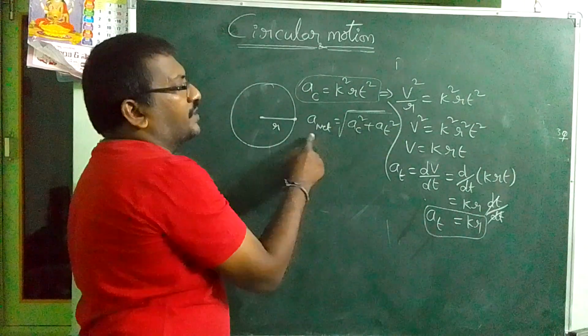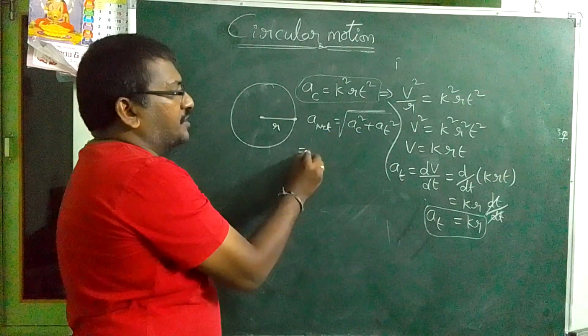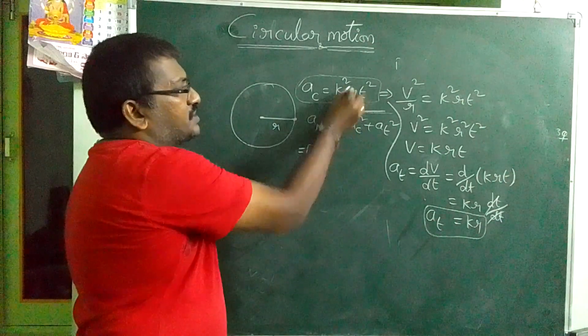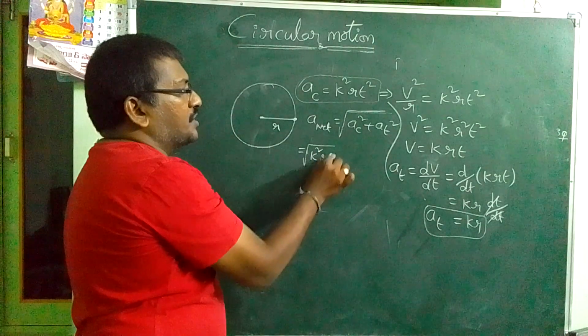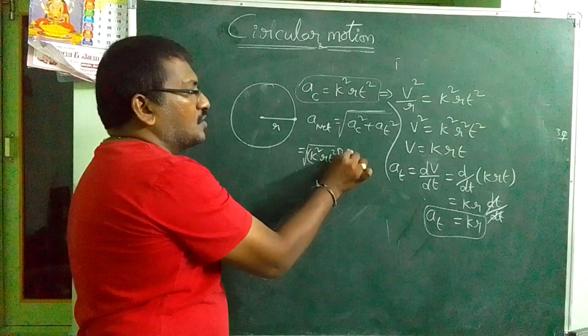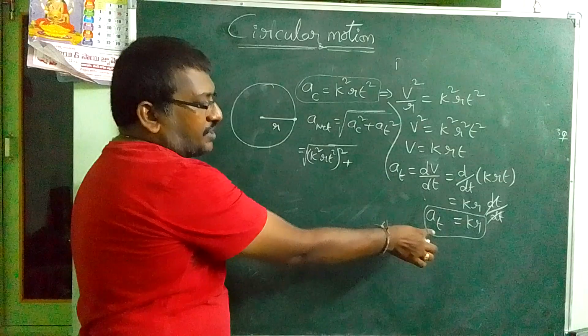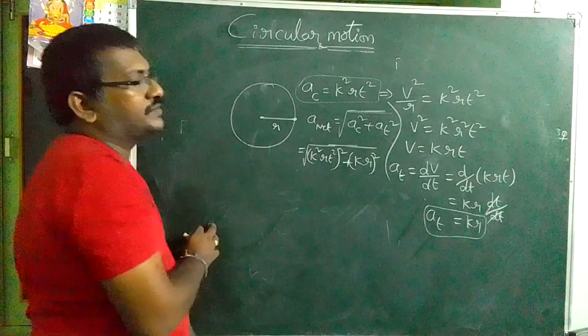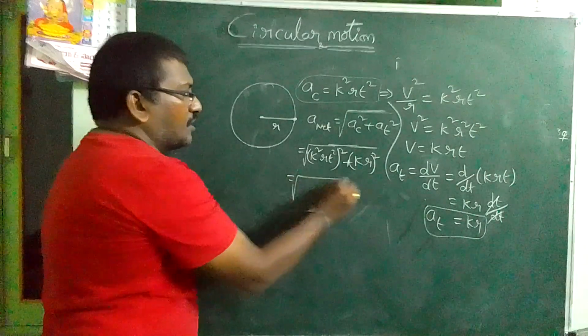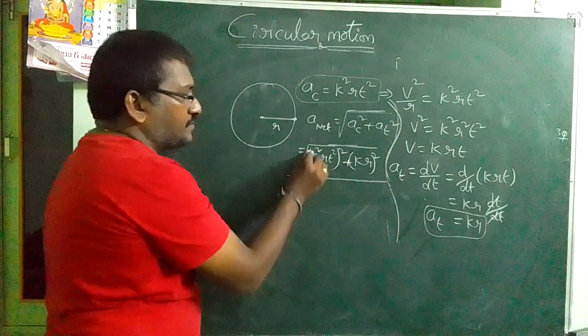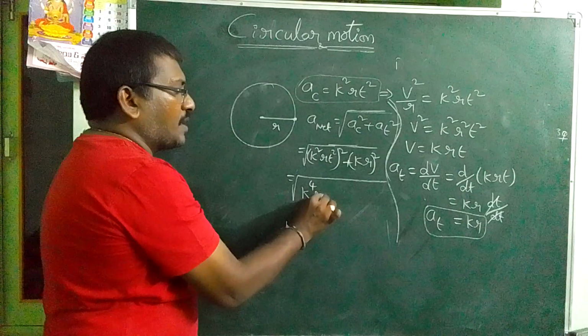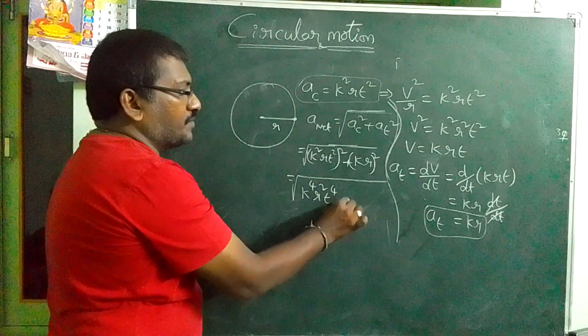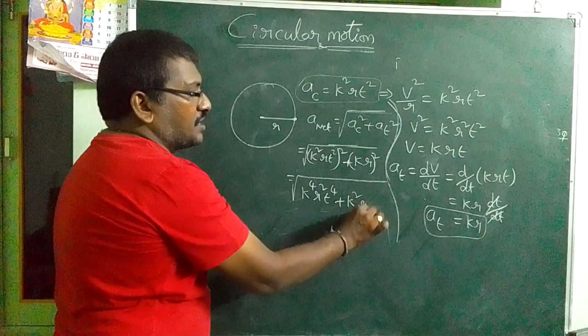We know the formula for net acceleration. Substitute here. That is equal to root of AC square, that means k square r t square whole square, plus AT square, that means k r whole square. Now that is equal to under root k power 4 r square t power 4 plus k square r square.